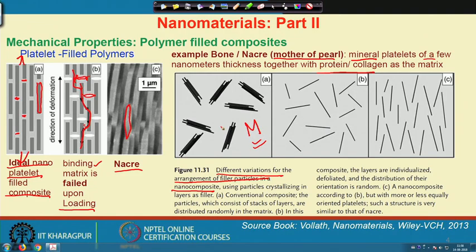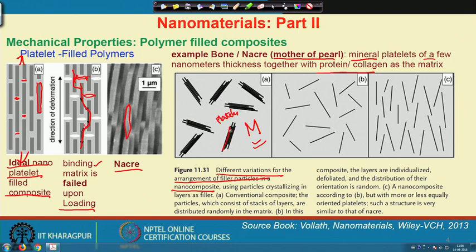Now, the variation in the arrangement of filler particles in a nanocomposite is important. Let us say a very common example I can show you here. This is a matrix and this is the filler platelet.